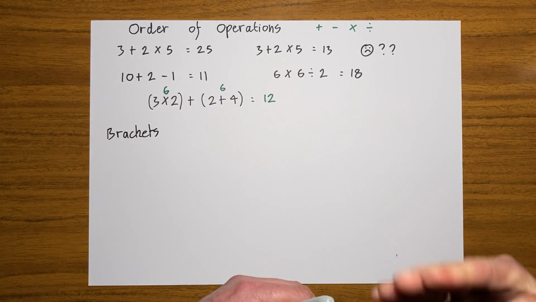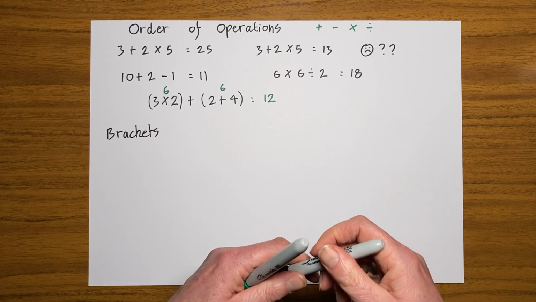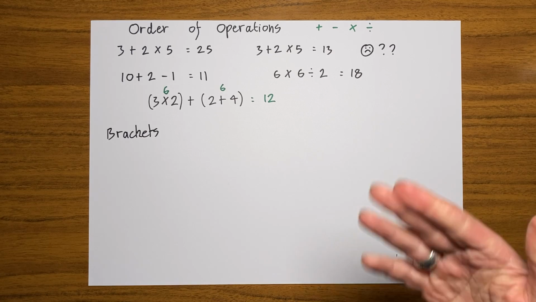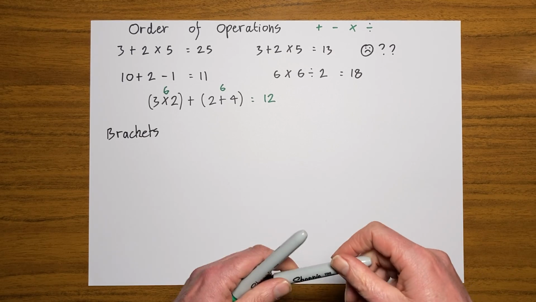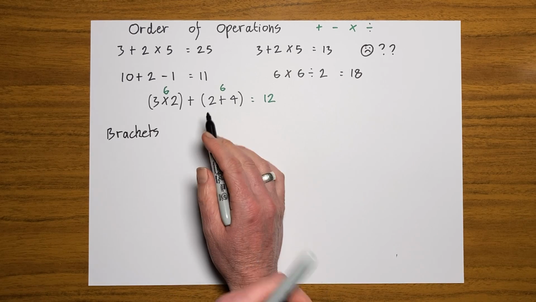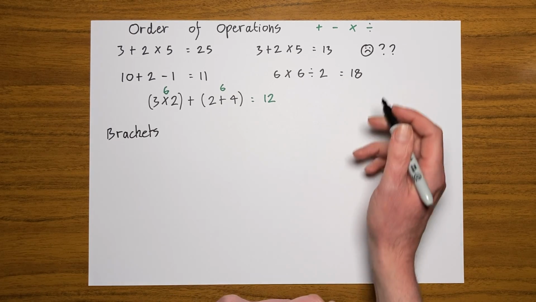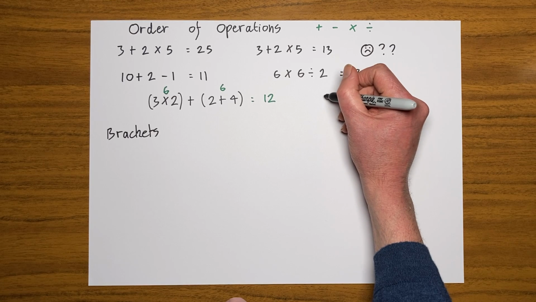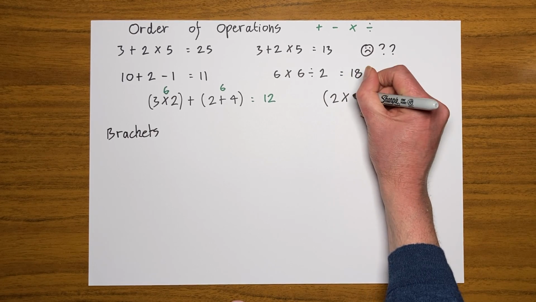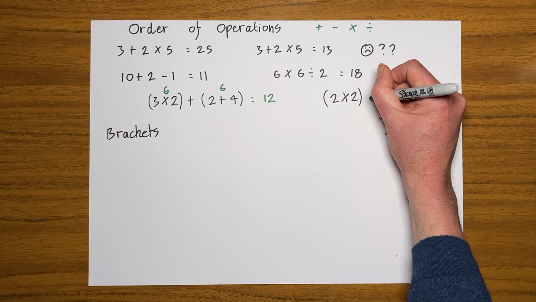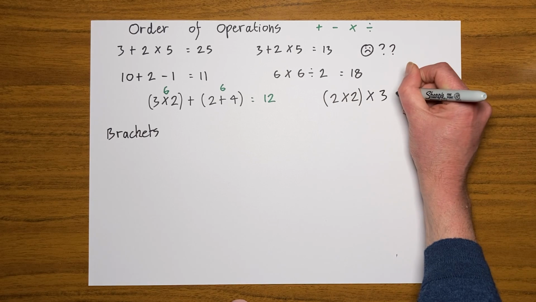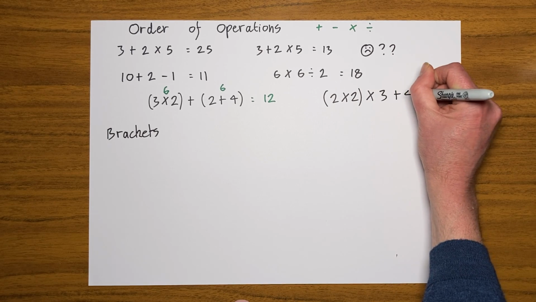Now, the next thing you're going to do is any kind of multiplying or dividing. That's what I would always do next. So in this one I had adding next, there wasn't any multiplying and dividing, so I did that next. But if I had something like, let's have a look at this, 2 times 2, times 3, add 4.